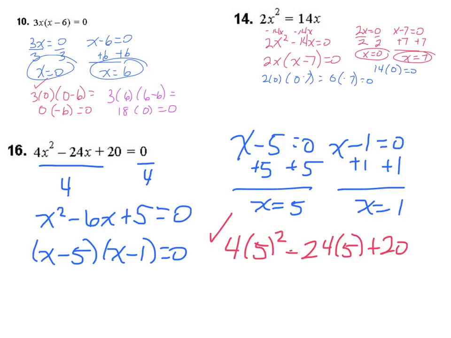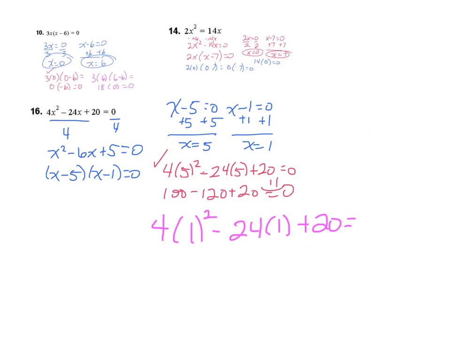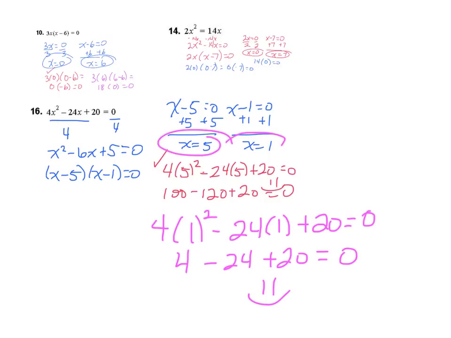So I've got 100 minus 120 plus 20 does equal 0. This one's easier yet. 4 times 1 squared is 4, minus 24 times 1 is 24, plus 20. 4 minus 24 is negative 20, plus 20 is 0. So I know that my two answers are 5 and 1.